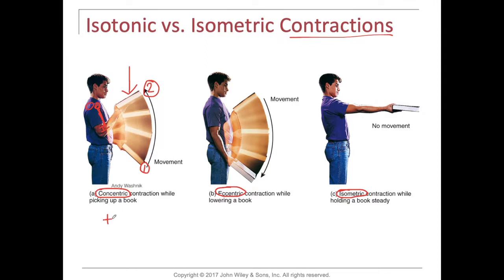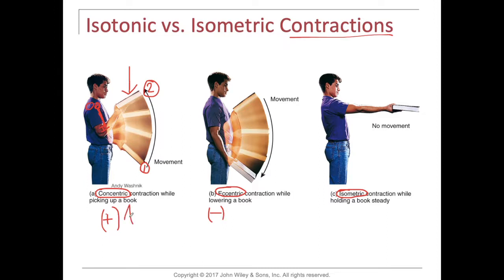The concentric contraction is also called the acceleration phase or the positive contraction, whereas the eccentric is the negative contraction or the deceleration phase. So acceleration is concentric.